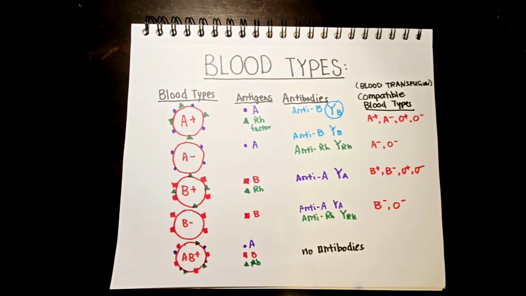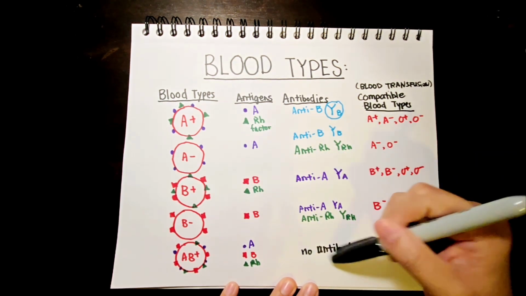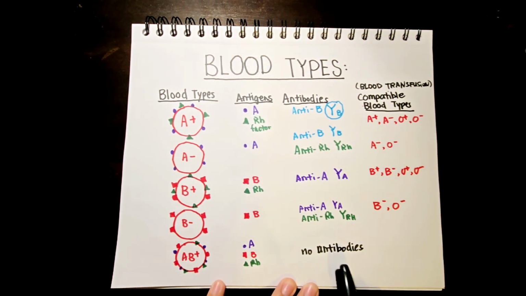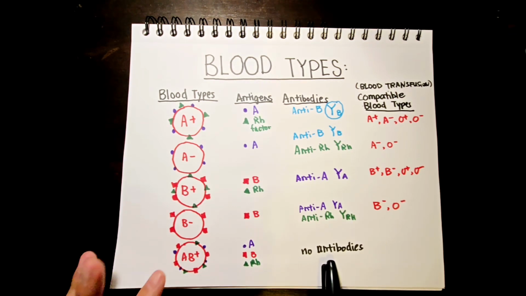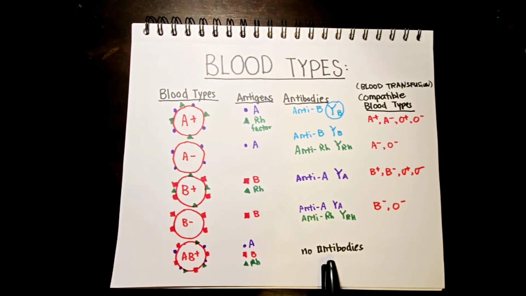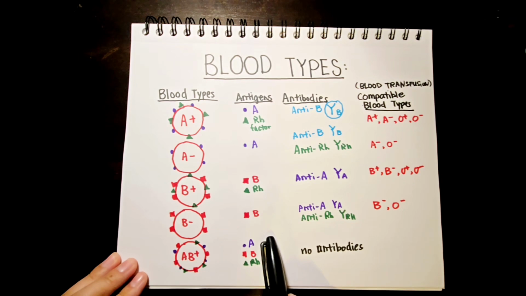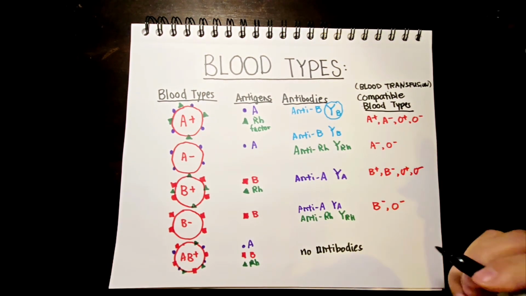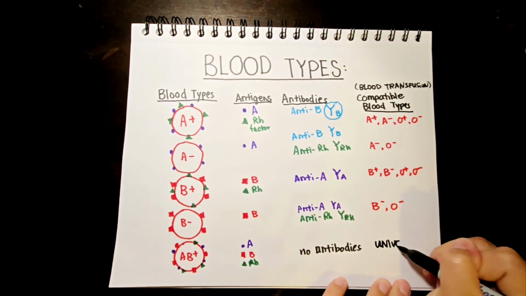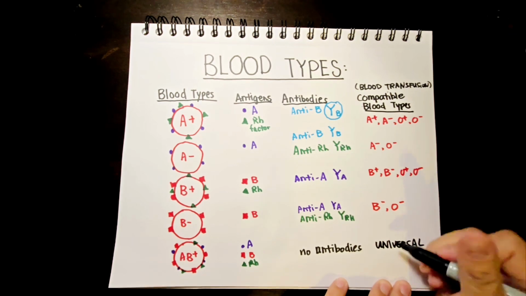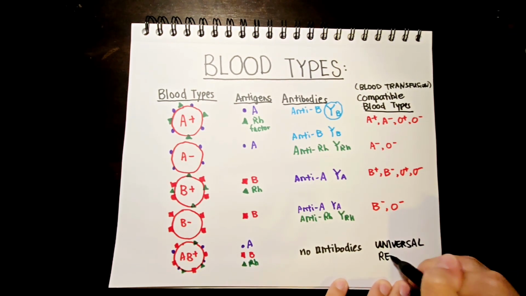Now for AB positive individual, they are special. Because they make no antibodies, which means their immune system would not make any antibodies against any of the 3 types of blood antigen, because they have all of them, they are what we call the true universal receiver.